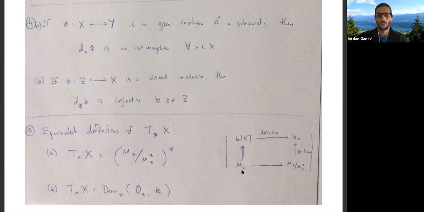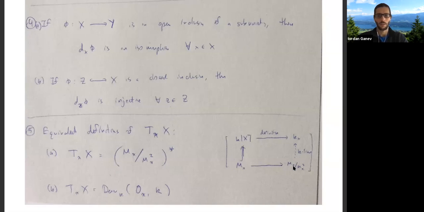But what we do know is that if we take anything in m_x squared, then it has to be zero. And that comes from the Leibniz rule, because we will have something in m_x acting on each component of the sum if you write out the Leibniz rule. So that's zero. So this restriction factors through m_x mod m_x squared, and we get a k-linear map.